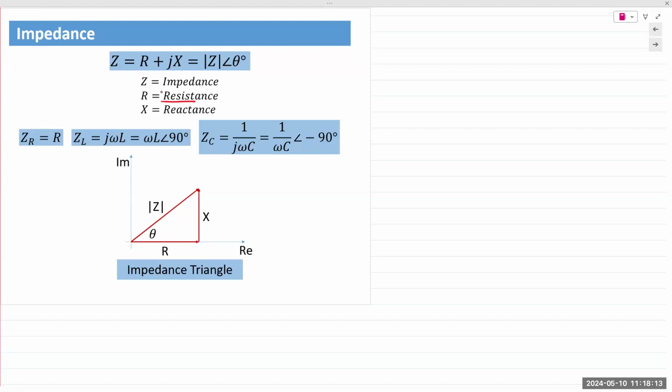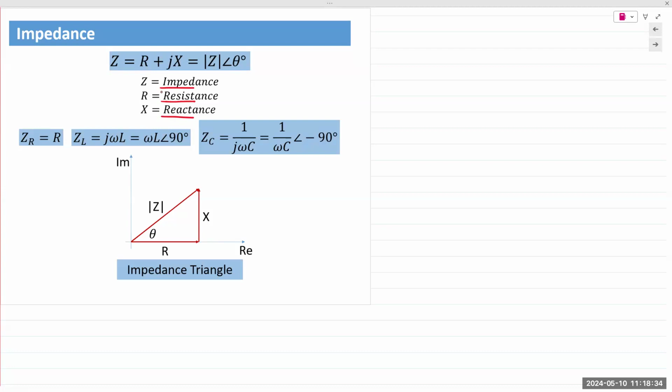It resists the flow of current. From here, we're going to introduce two new terms, reactance and impedance. Reactance comes from the word react, impedance from impede. All three of them are synonyms of each other.